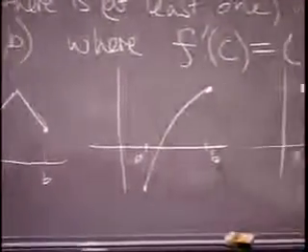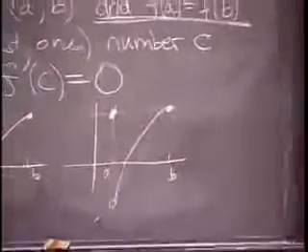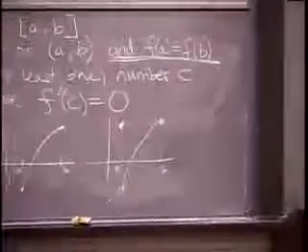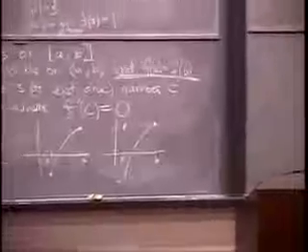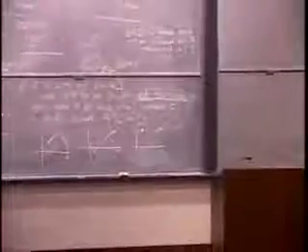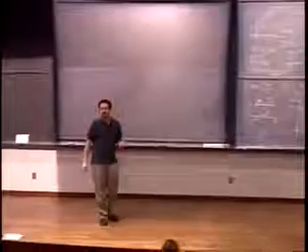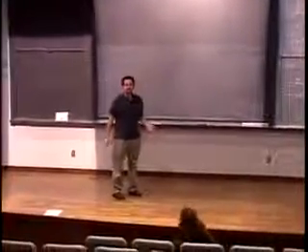And I kind of copped out and said, well, I'm telling you it's true, I can't prove it yet. Well, I need Rolle's theorem to prove it. So here's what it is. Last time we looked at inverses of functions, right? We tried to use the derivative to see if a function had an inverse.